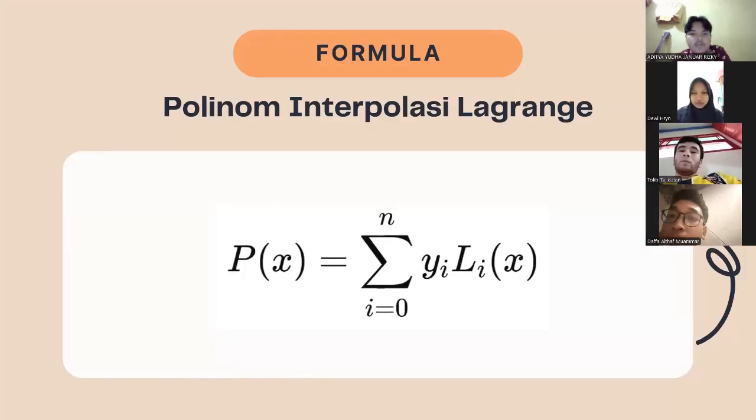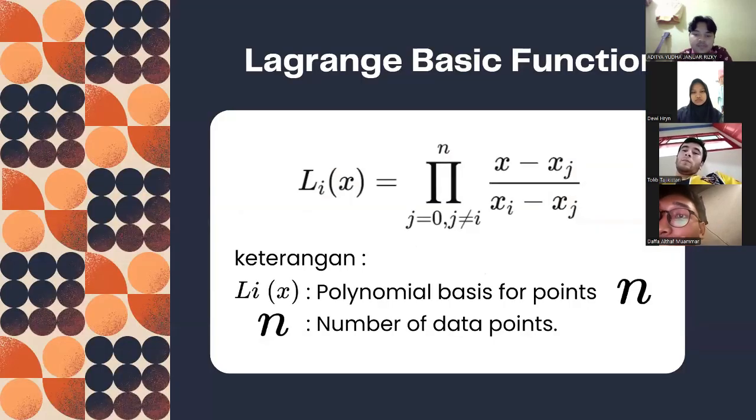Here is the formula of the Lagrange interpolation polynomial. It's P(x) equals the sigma or sum of yi times Li(x). And the Li(x) itself is the polynomial basis for that specific data point.